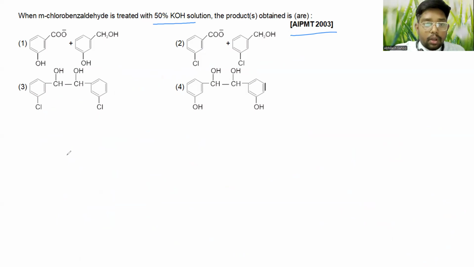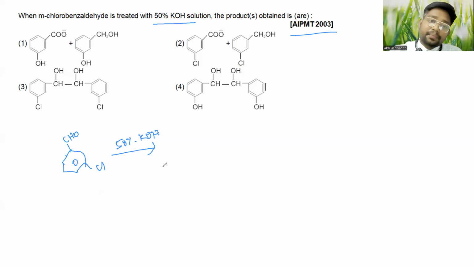So what is metachlorobenzaldehyde? First we write benzaldehyde, then at the meta position chlorine is there, and it is reacting with 50% KOH. So what will be the product here?